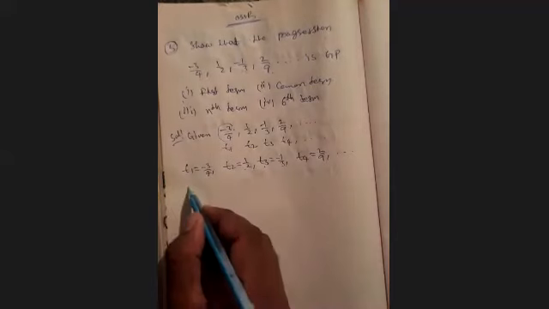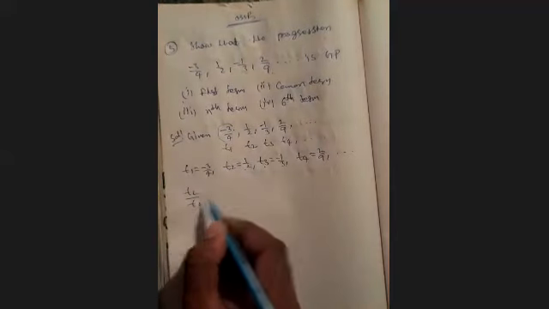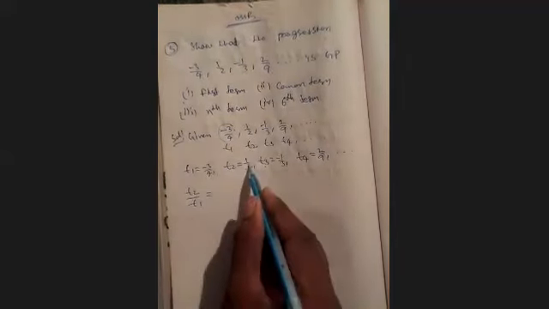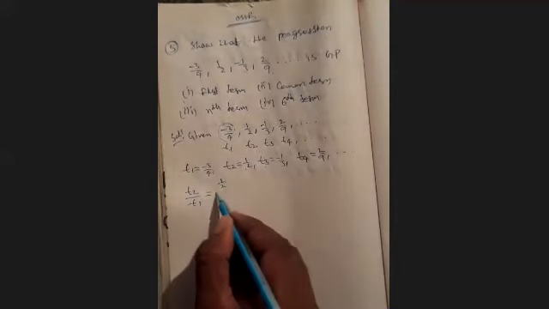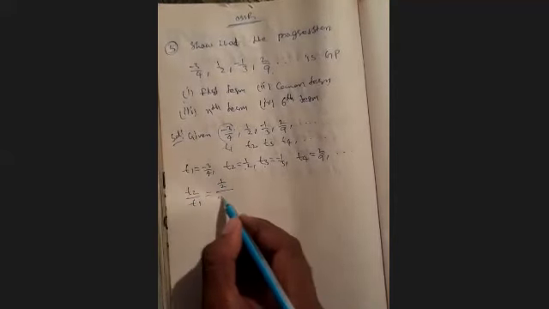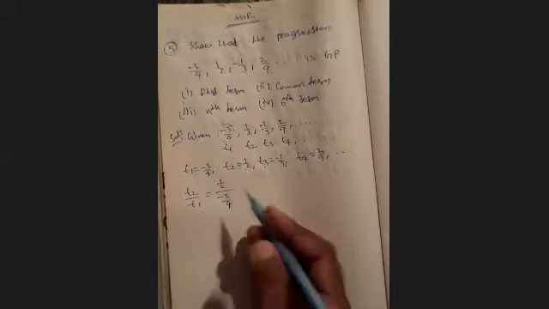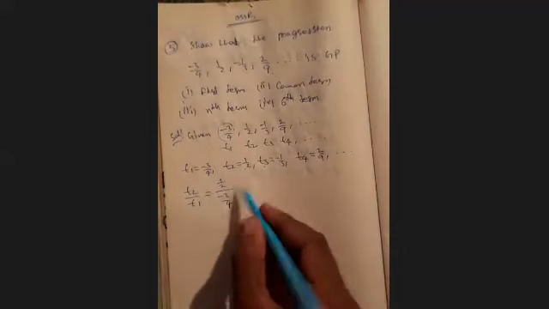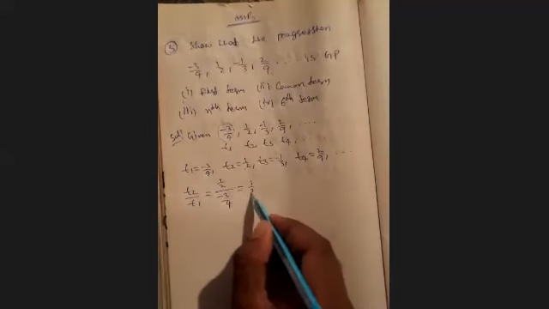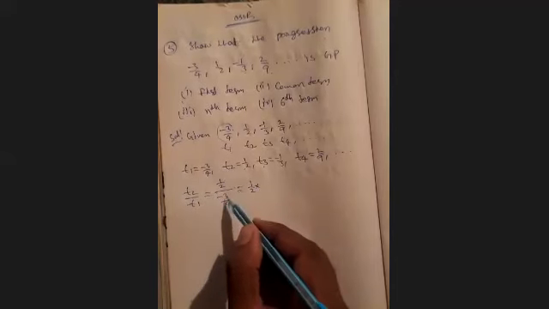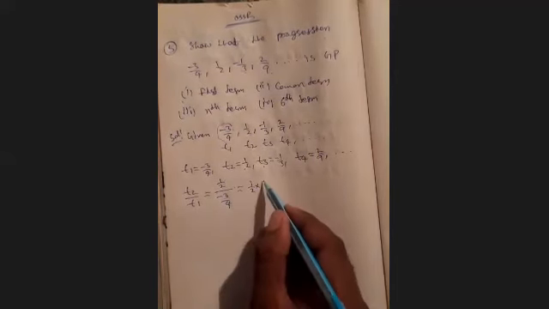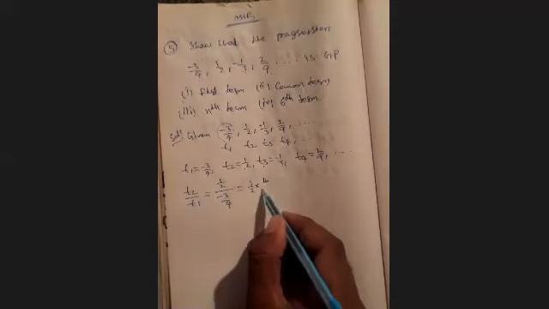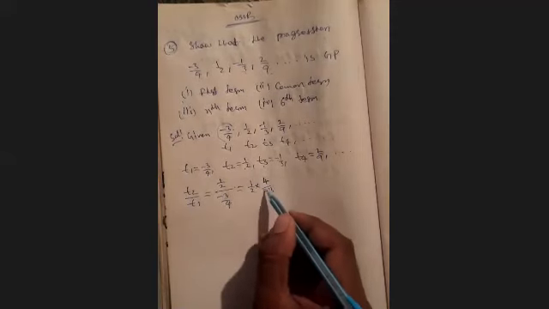First I'm finding T2 by T1. What is T2? 1 by 2, divided by what is T1? Minus 3 by 4. I told you yesterday, this will be the numerator, this will be the denominator. Then we can write 1 by 2 into 4 by minus 3.